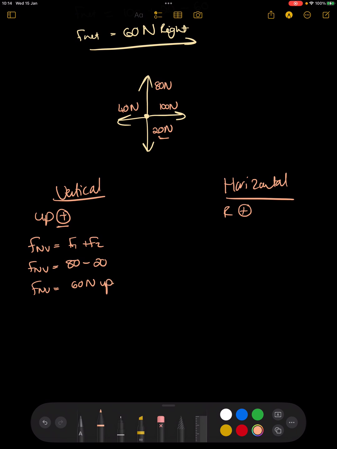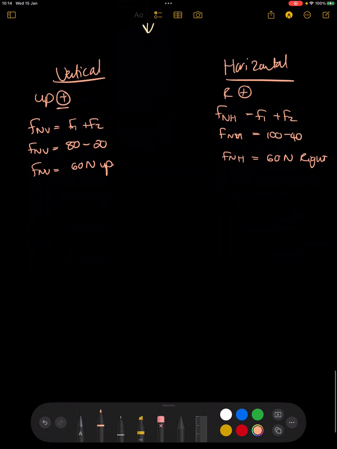Then my horizontal, because it's in the opposite direction, it's going to become a negative. Okay, so now I know that my force moved up and it moved right.